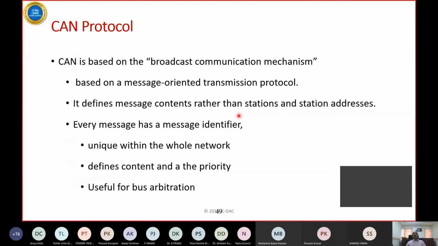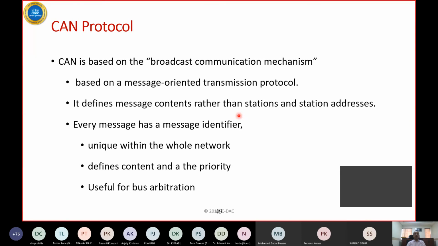As I mentioned, it is a broadcast-based mechanism. It is a message-oriented protocol. It has nothing to do with station names and addresses. They are not part of the message. But as a designer, you will define 01 as engine temperature, 05 as car turning right, and 0A as a message related to the anti-skid braking system.